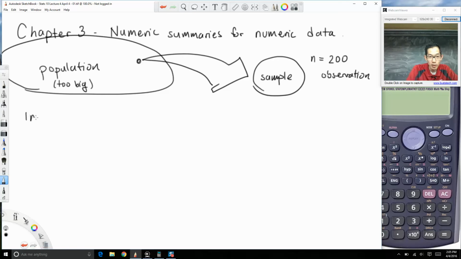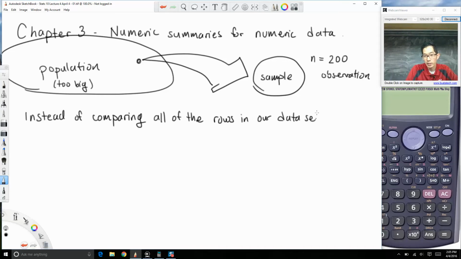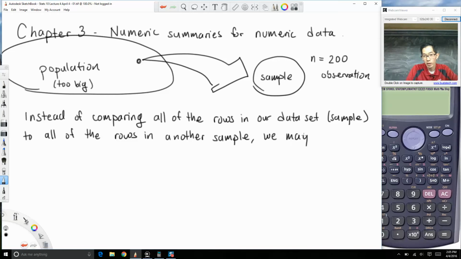So instead of comparing all of the rows in our data set or in our sample to all of the rows in another sample, we may prefer to use numeric summaries.